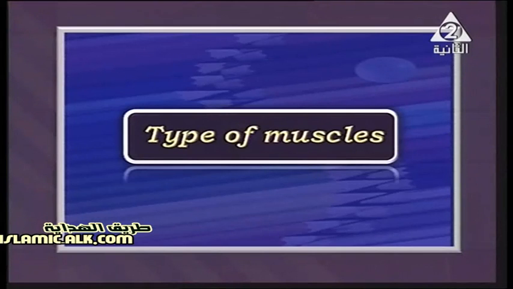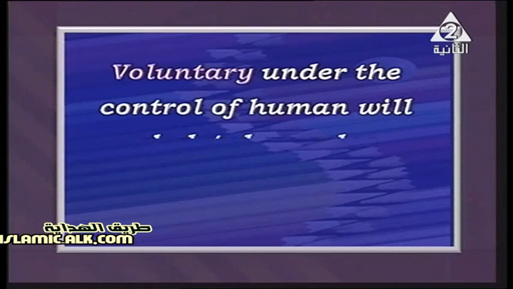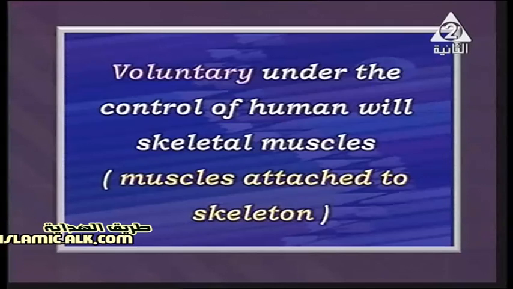How many types of muscles do we have? We have different types of muscles, okay? But in our curriculum, we are going to divide them according to whether you can control the muscle or you cannot control the muscle. Voluntary muscle: you can control its movement, like most muscles attached to your skeletal system.